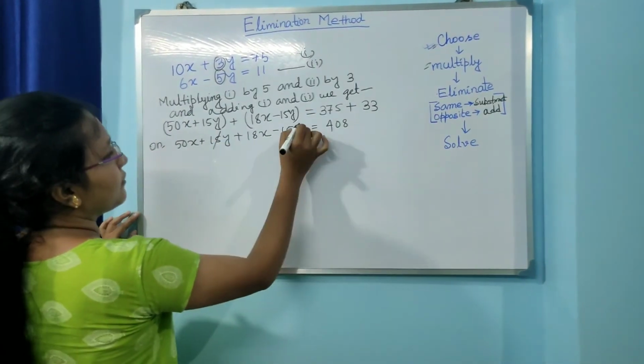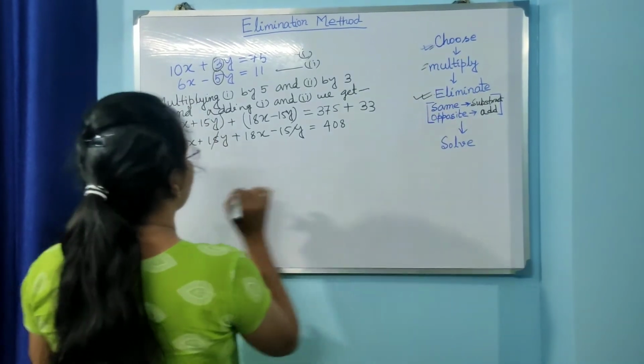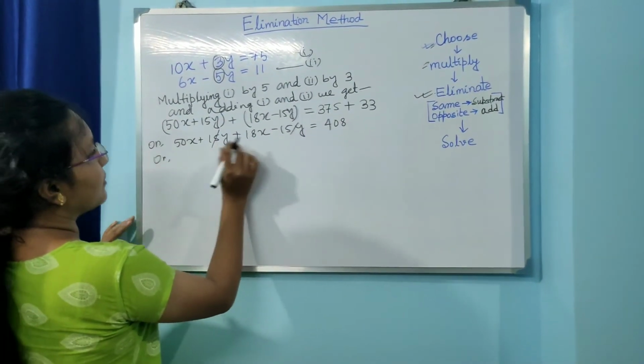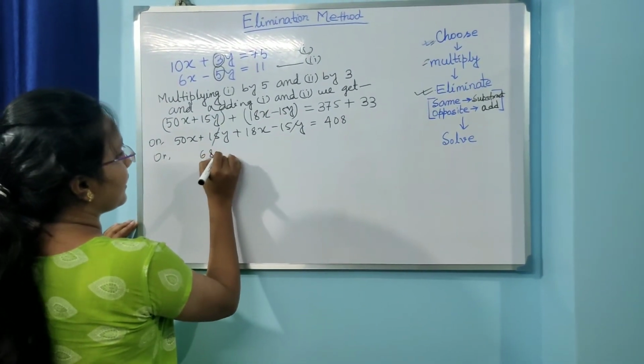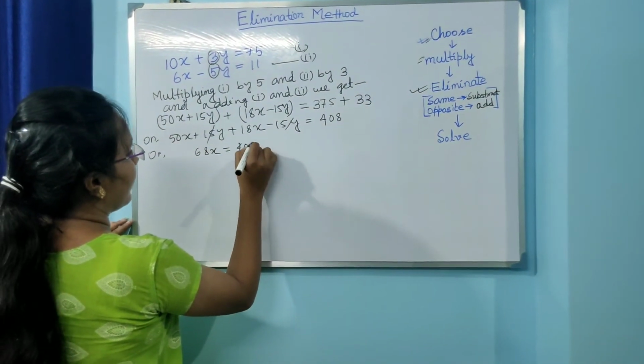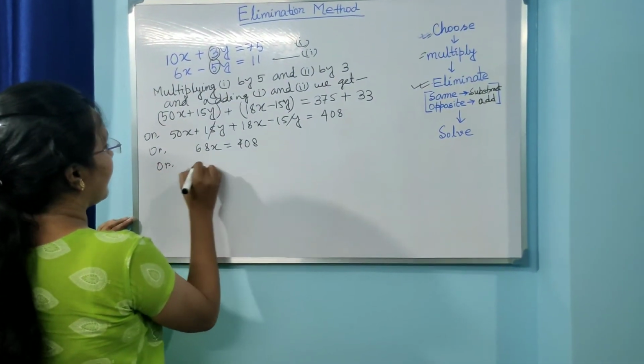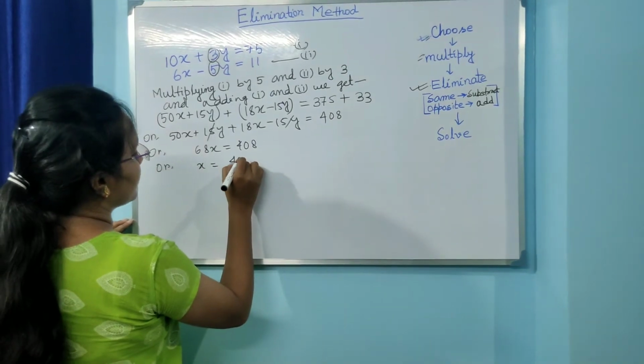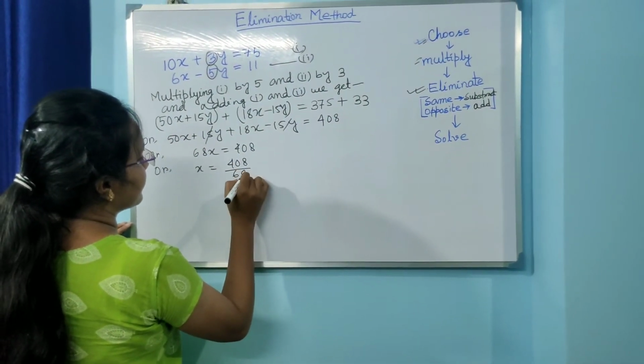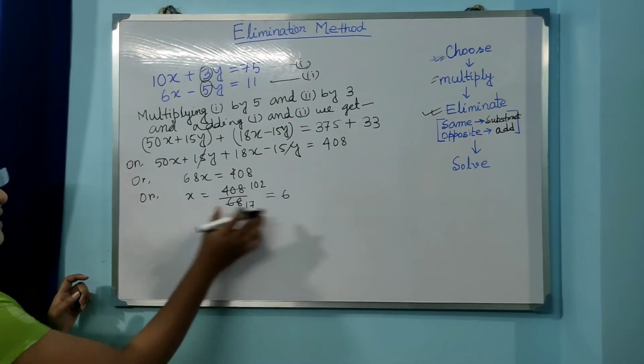So 15y and 15y will be eliminated. This is also done. So 50x plus 18x will be 68x equals 408, or x equals 408 upon 68. So the solution of x is 6.